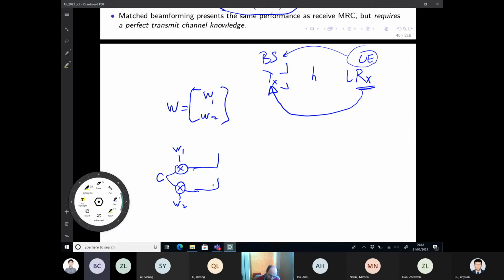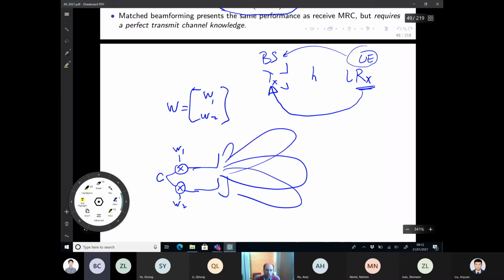If you have two antennas and you put some weight on them, as you have seen in your undergraduate course, this creates a radiation pattern. This pattern, for instance, could have a main lobe in certain directions and maybe some side lobes in other directions. By changing W1 and W2, you change the directions of these lobes, and you do this in order to maximize the SNR at the receiver.